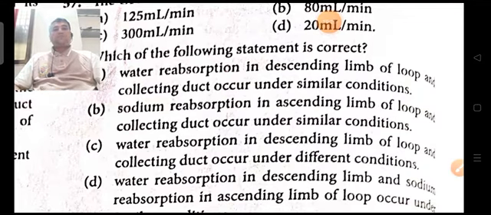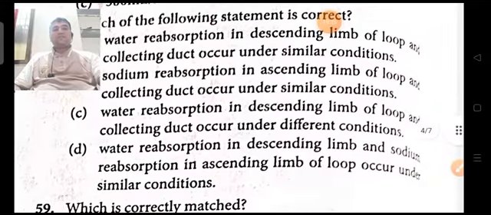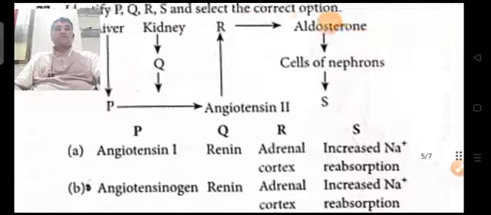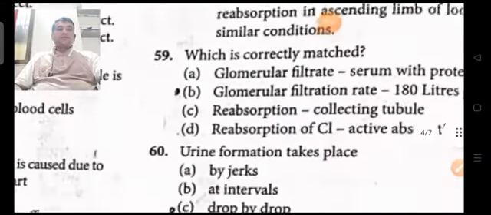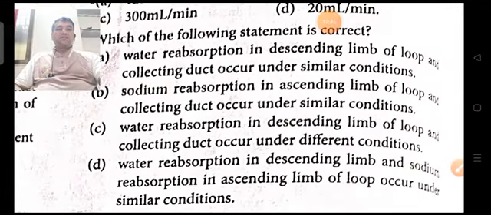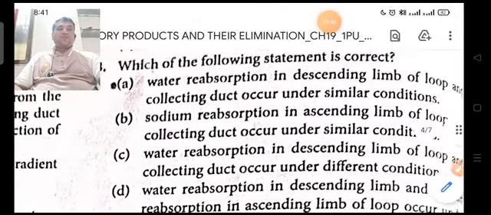Water reabsorption in the descending limb of loop of Henle and collecting duct occur at different conditions. Water reabsorption in the descending limb and sodium reabsorption in the ascending limb of loop of Henle occur under similar conditions.